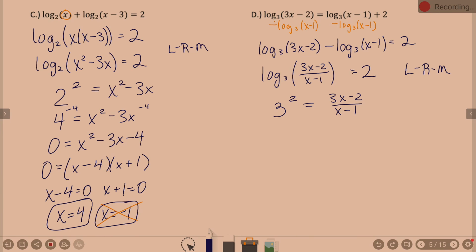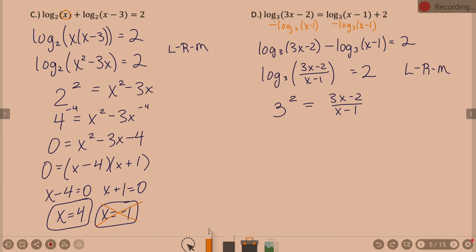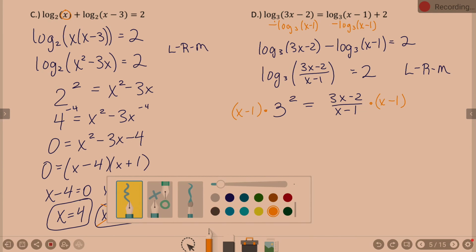If we want to get this so there's no fraction, we want to get rid of the denominator. To get rid of a denominator of x minus 1, we're going to multiply, because it's 3x minus 2 divided by x minus 1. So I'm going to multiply by x minus 1. If I multiply one side by x minus 1, we're going to multiply the other side by x minus 1.